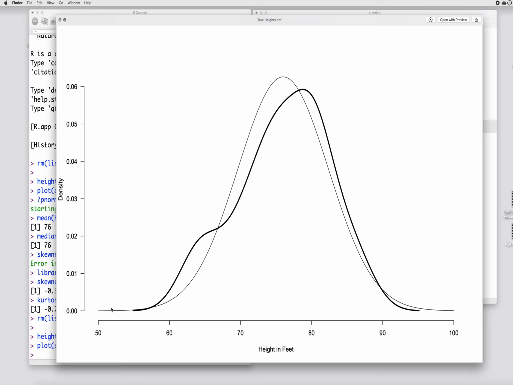So let's say I want to say, what is the probability that if I go into the forest and I see these trees and I randomly pick a tree, what is the likelihood that that tree will be exactly 80 feet tall? So here's our 80 feet.